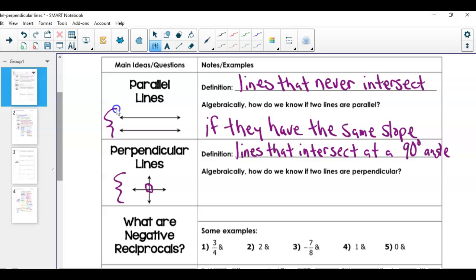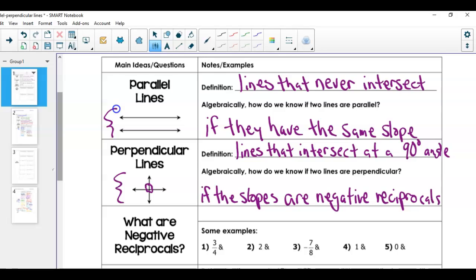Algebraically, we know they're perpendicular lines if they have negative reciprocal slopes, or if the slopes are negative reciprocals. So you may know what that is, you may not.